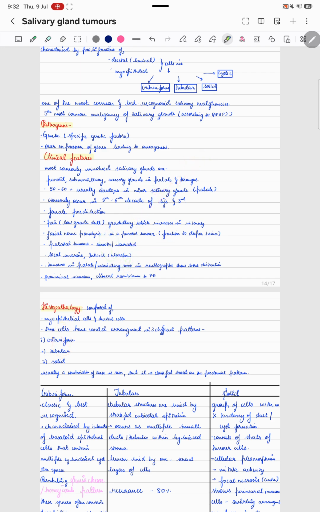So one of the most common and the best recognized salivary gland malignancy, 5th most common malignancies of salivary gland, and the pathogenesis is it could be genetic, and overexpression of genes leading to oncogenesis. So genetic, in that there could be an overexpression of a gene which is leading to this oncogenesis.